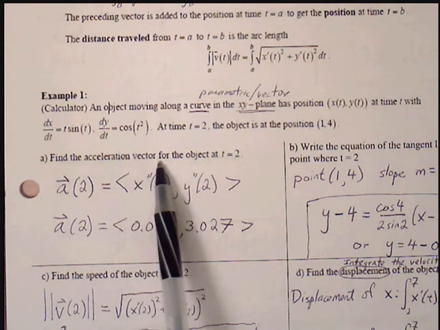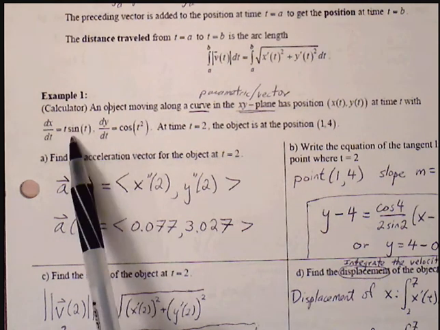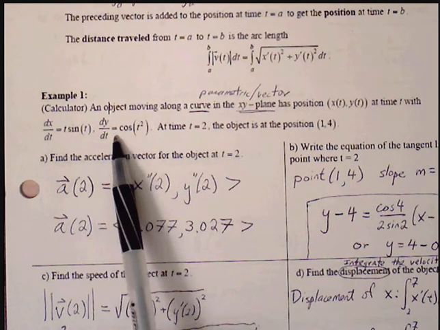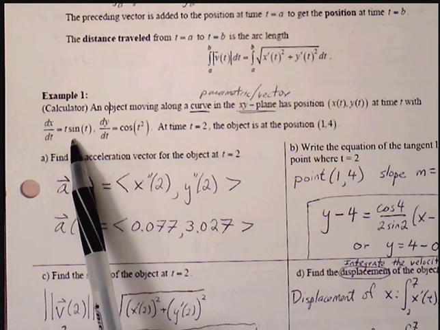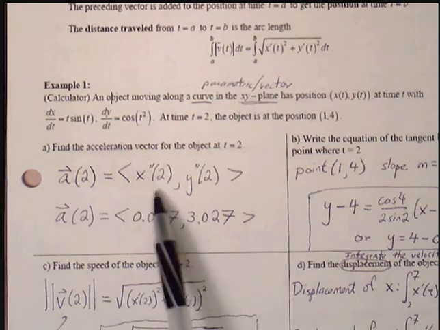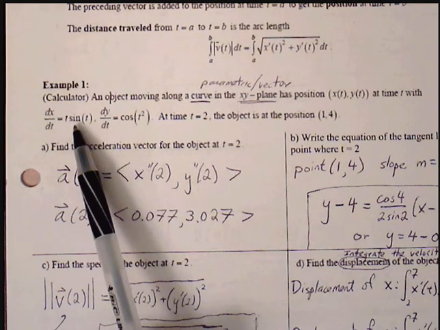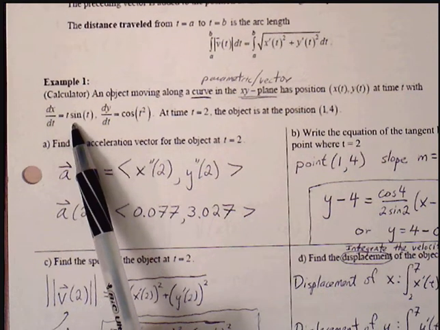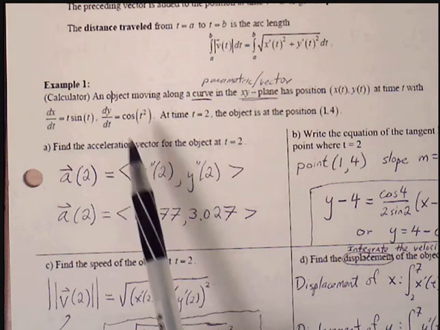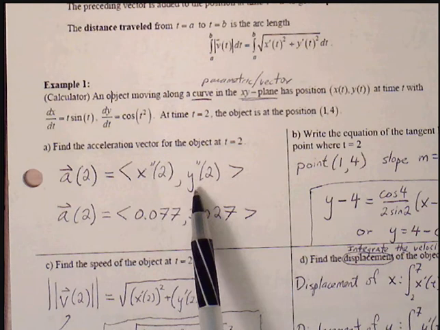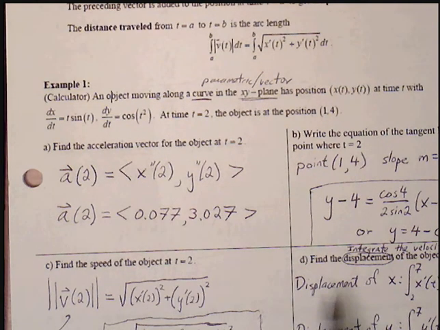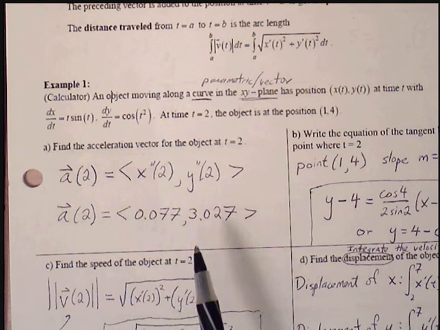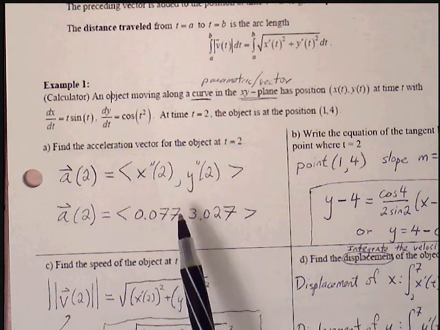But it's only asking for the acceleration vector at t equals 2, so rather than going through a product rule and chain rule, we can just use the nDeriv feature in our calculator and evaluate the derivative of t sine of t, the second derivative at 2, and the same with y double prime of t as well. That will produce 0.077 and 3.027. So that's the nDeriv feature.